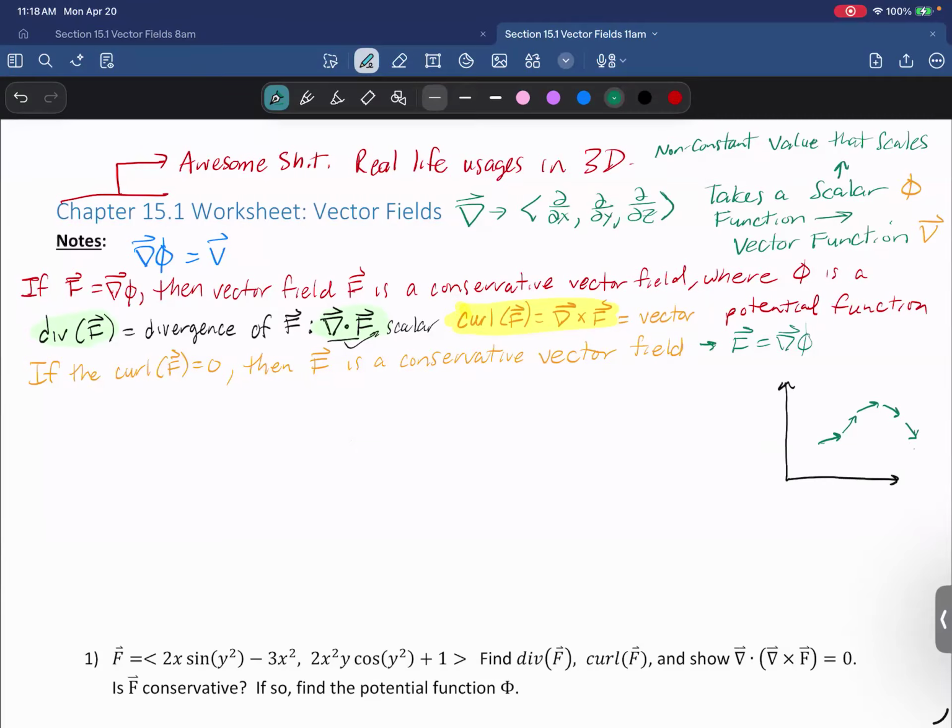And maybe even at some point it turns around. Each of these vectors can be decomposed into an x component and a y component. This is what our F is. Our F at that point is doing this. It's always starting at the base point. The vector is just showing what the vector field from that path looks like.